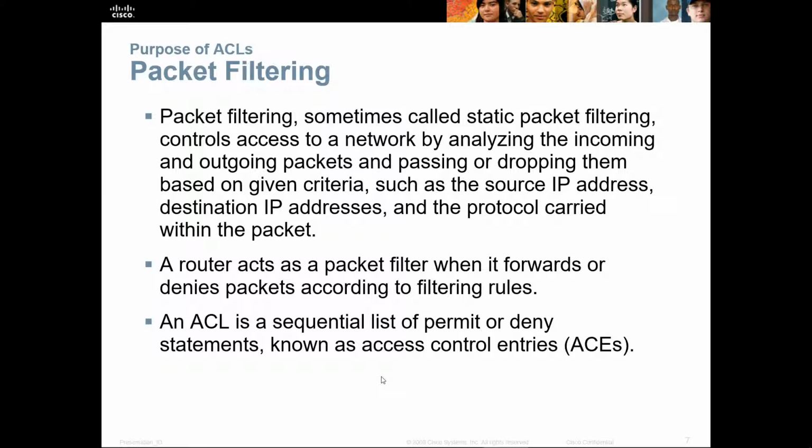We can normally have this done on a router, and it will forward or deny packets based off of filtering rules. An ACL is a sequential list of permit or deny statements, and those statements are called an access control entry.